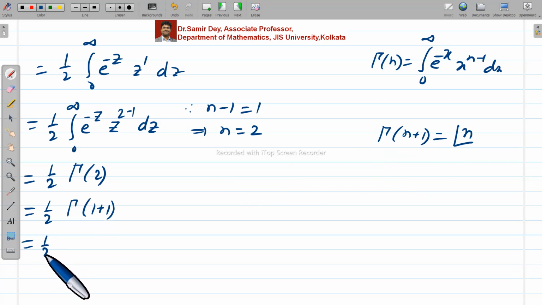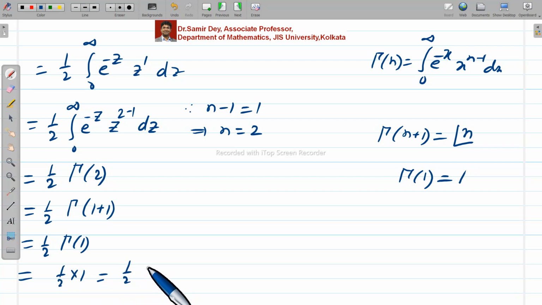So you may write 1 by 2 gamma 1. Gamma 1 is equal to 1. So ultimately you have 1 by 2 into 1. 1 by 2 is the answer. So these are the possible types of question from the gamma function. If these parts are clear, then you can solve all types of question from the gamma function.